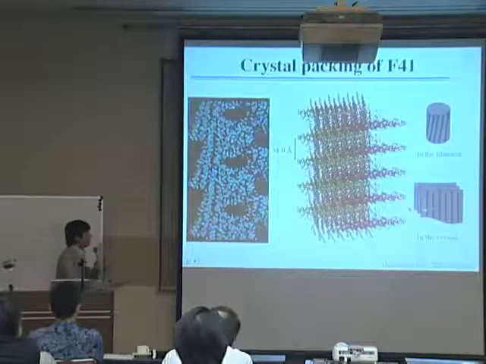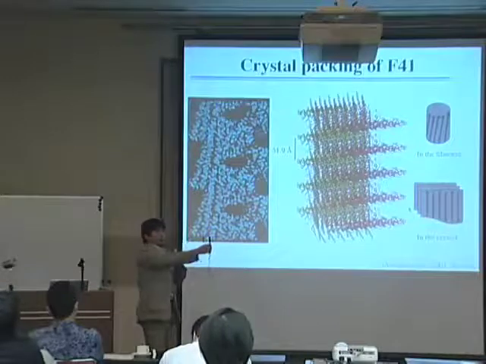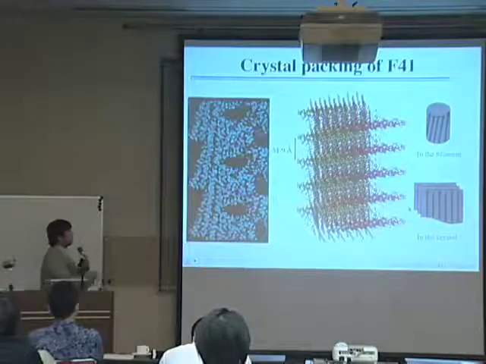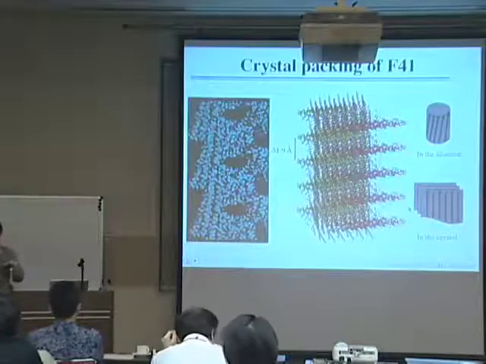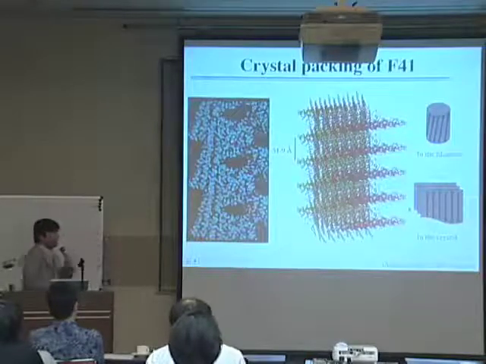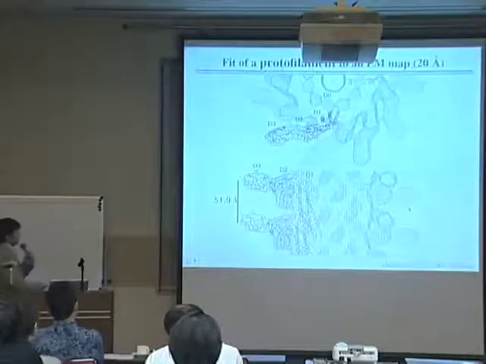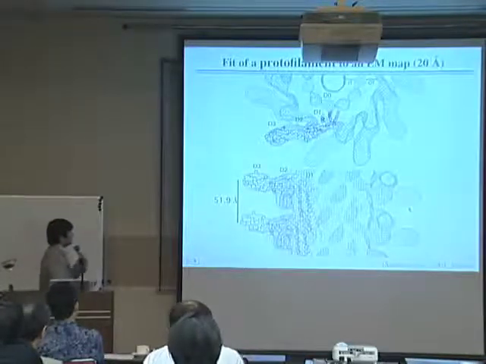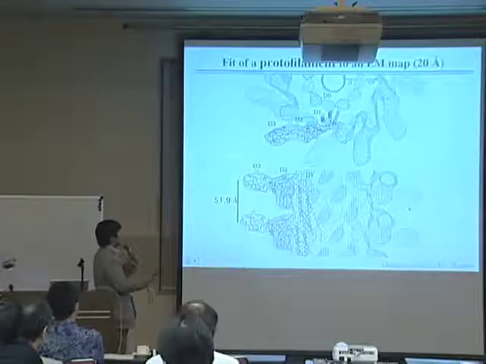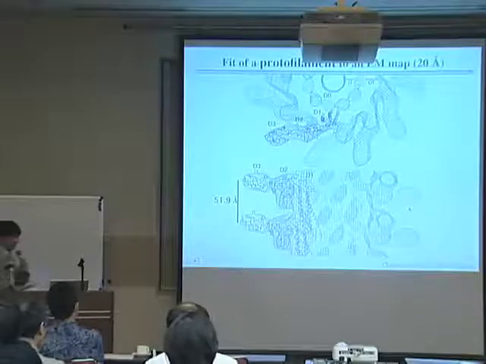And if these filaments align with the same orientation, then you have a native filament. So we get a protofilament structure directly from the crystal structure. Then we fit this protofilament into the low resolution electron microscopic image, and it fits nicely.